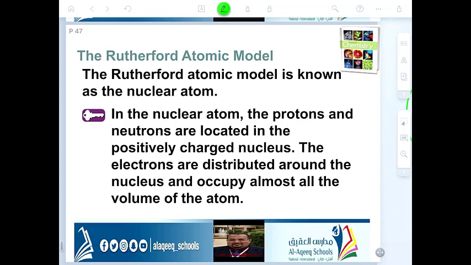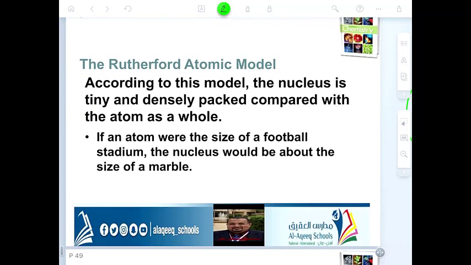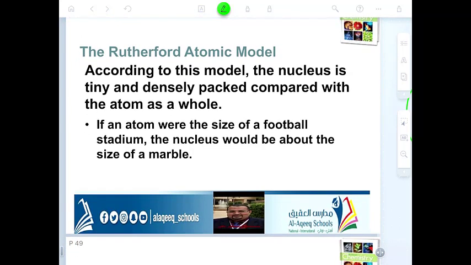Rutherford's model is known as the nuclear atom now. Why? Because he discovered the nucleus and the charge of the nucleus, which is positive. So they called it the nuclear atom for this reason. According to this model of Rutherford, the nucleus is tiny and densely packed compared with the atom as a whole.